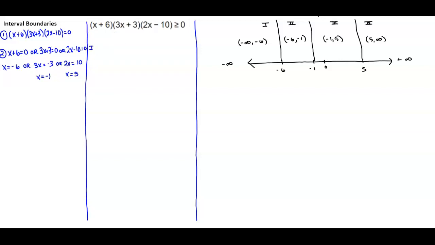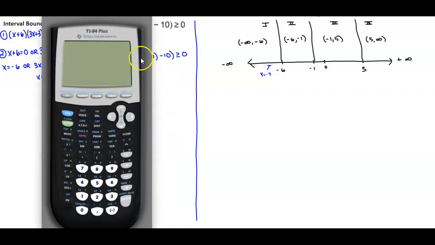So for interval number 1, we can pick x equals negative 7. So let's plug it in. So we have (-7 + 6)(3 times -7 + 3)(2 times -7 - 10). We want to see if it's greater than or equal to 0. So let's let our calculator do this for us.